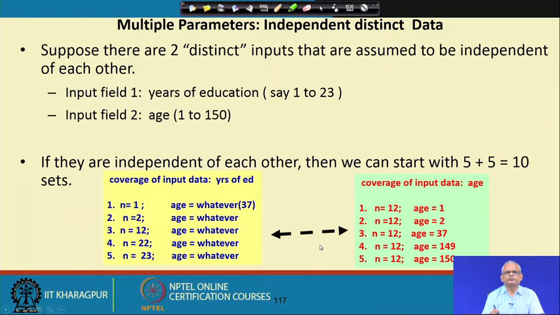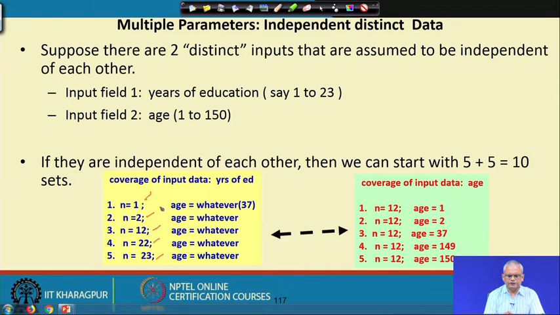But what about multiple parameters? For each of the parameters, we might identify different boundaries. Let us say for the parameters years of education and age, we identify different boundaries, and let us say the boundary values for the years of education are 1, 2, 12, 22, 23.